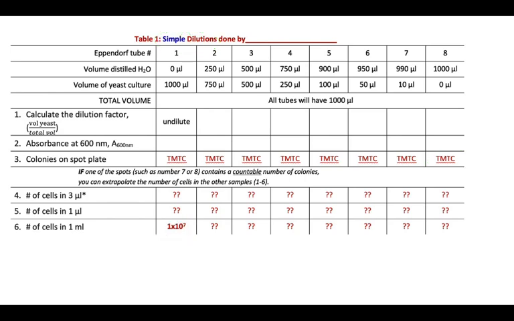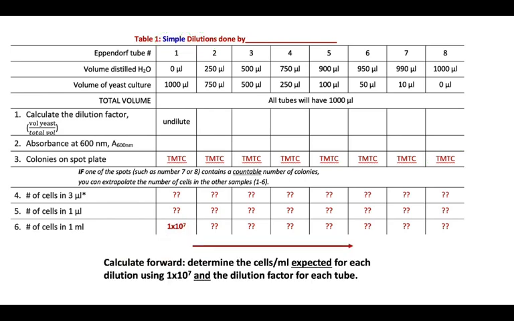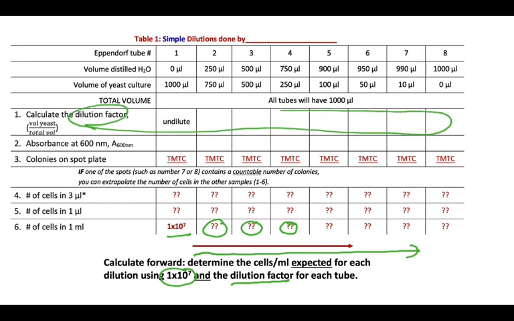And now, knowing the number of cells per mil, we'll be able to calculate forward and determine how many cells per mil were in each dilution by starting with 1 times 10 to the 7 and using the dilution factor that we calculated for each of those tubes.